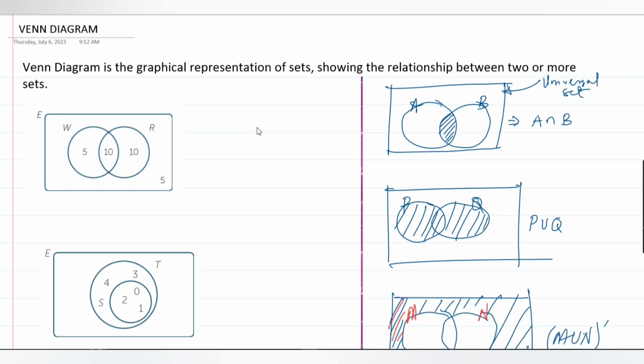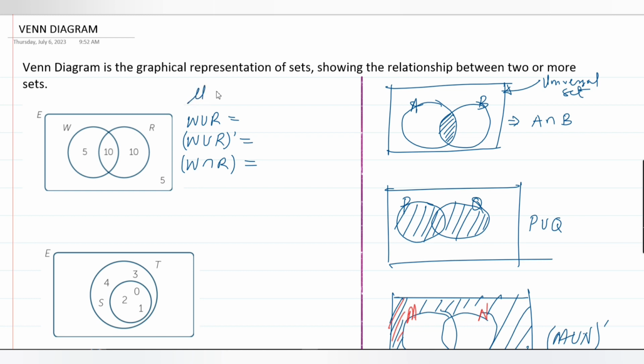Now let's apply our knowledge. We have W and R. Let's see if we can get W union R complement first, then W intersection R. What of the universal set?